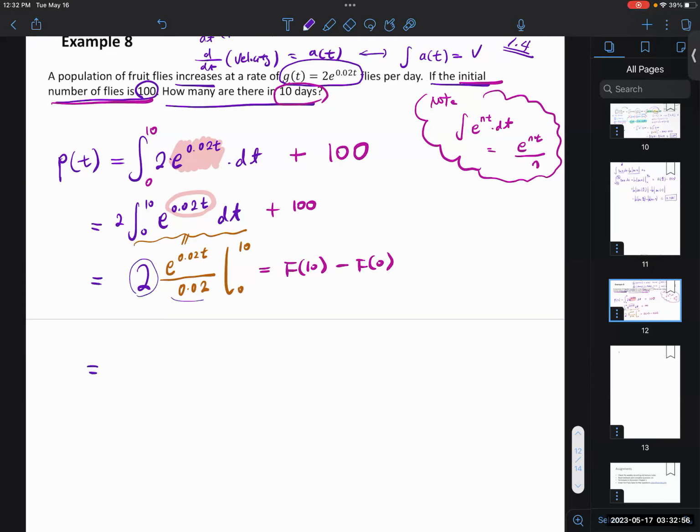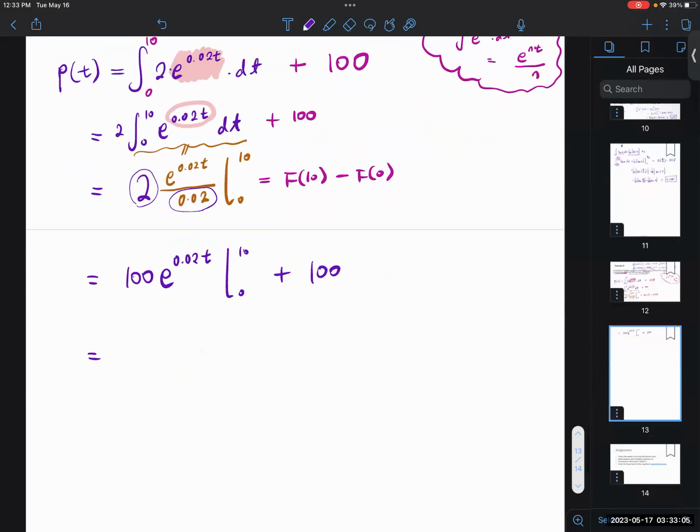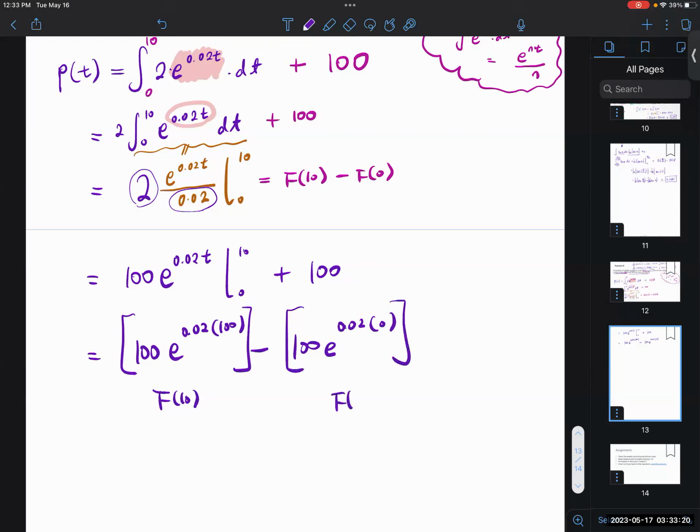So that is 100 e to the 0.02t from 0 to 10, plus 100. So therefore, 100 e to the 0.02 times 10 minus 100 e to the 0.02 times 0. This is capital 10, this is capital 0, plus 100.